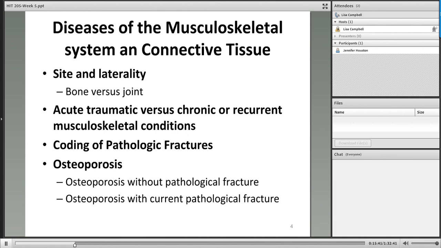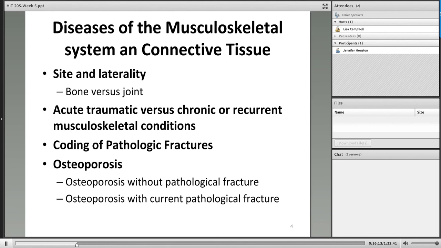Let's see. Acute traumatic versus chronic or recurrent musculoskeletal conditions. This is what I mentioned earlier in the chapter that we're in today with the letter M. These are for chronic or recurrent musculoskeletal conditions, your pathologic fractures, etc. Whereas in chapter 19, which is not our chapter for this week, those are for traumatic injuries.